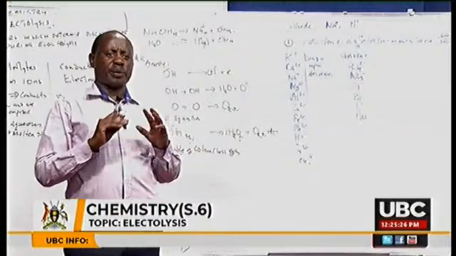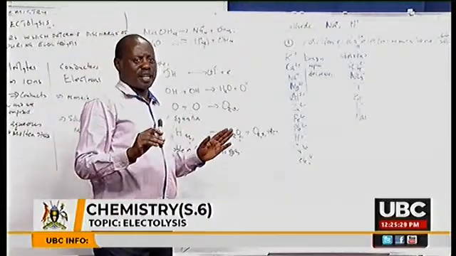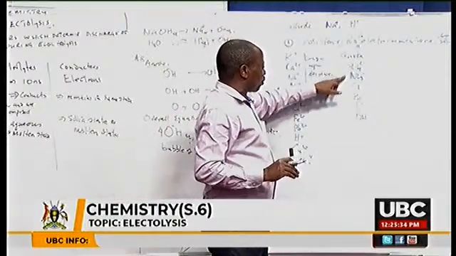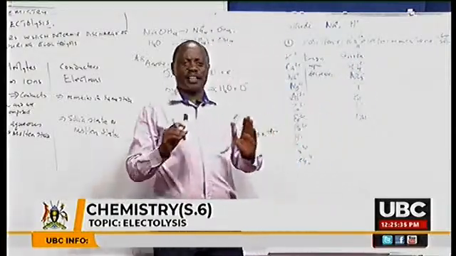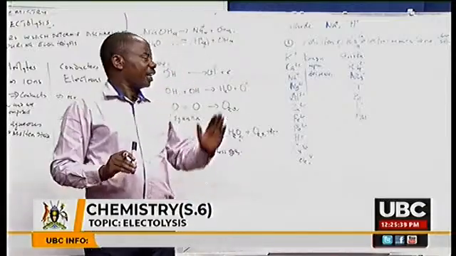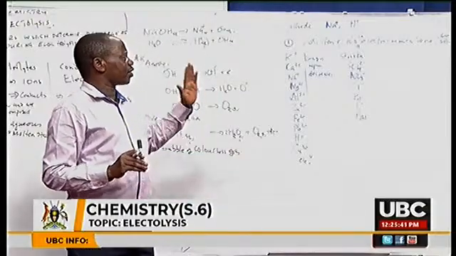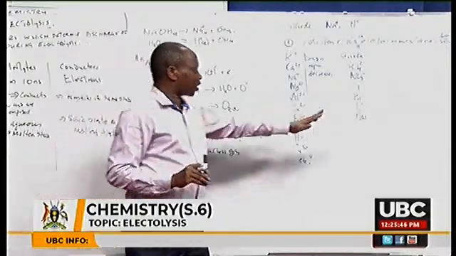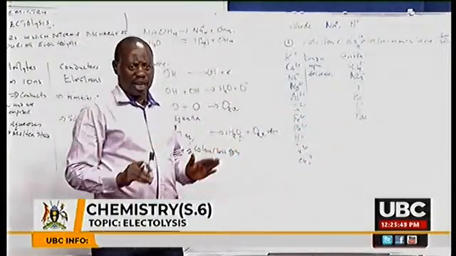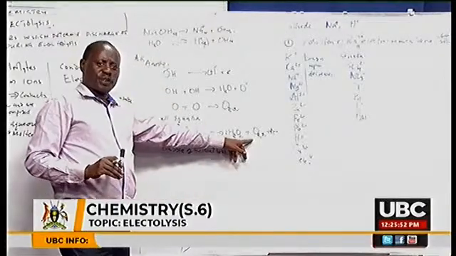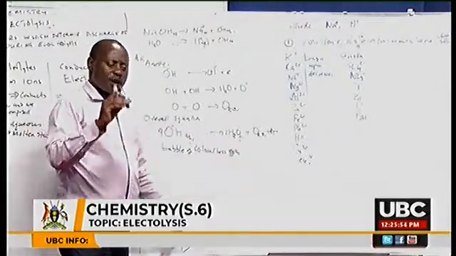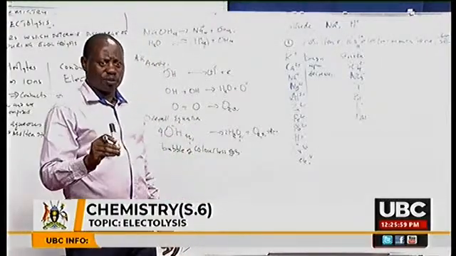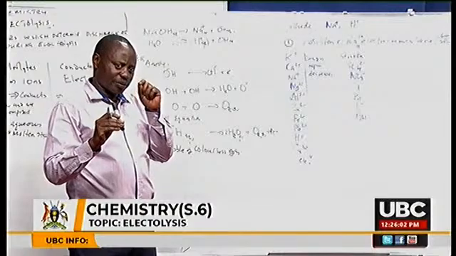Therefore, it will be preferably discharged compared to others. Now, when you have sulfate, nitrate, chloride in dilute form, I emphasize, in most cases the position of the ion in the electrochemical series only works when we are dealing with dilute solution. So the hydroxyl ion will be preferably discharged, and when it is discharged, it gives oxygen. So whenever hydroxyl ion has been discharged, the product at the anode will be oxygen.